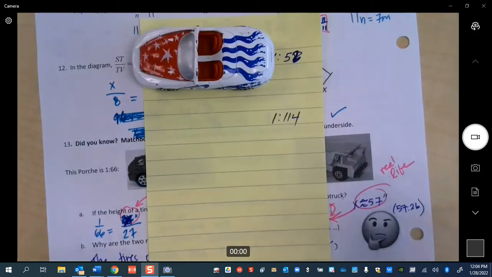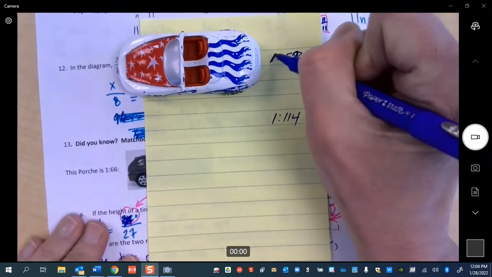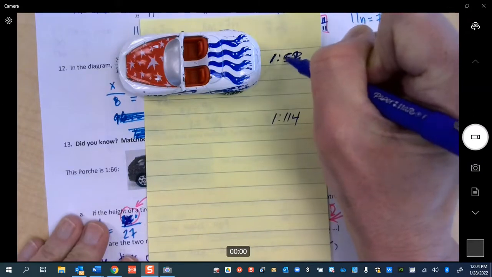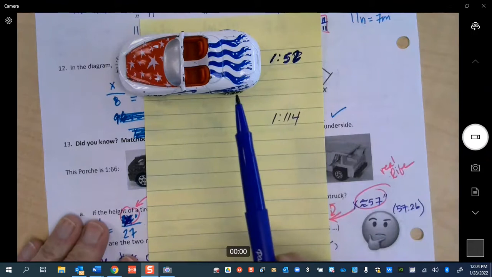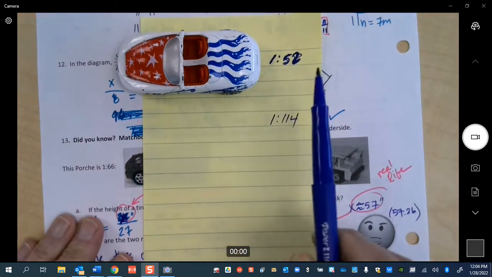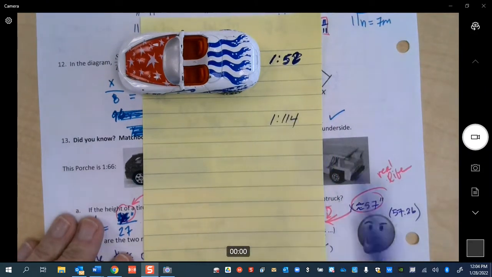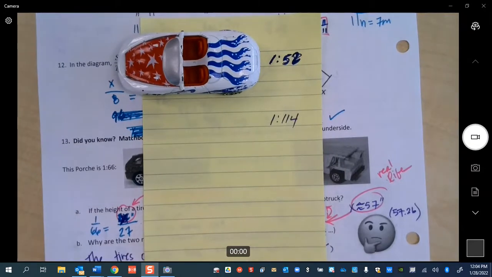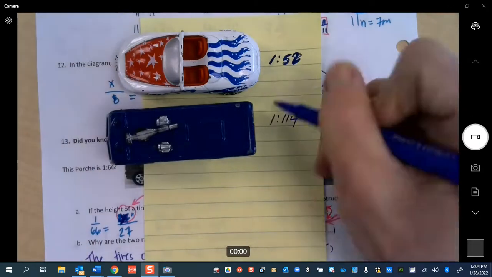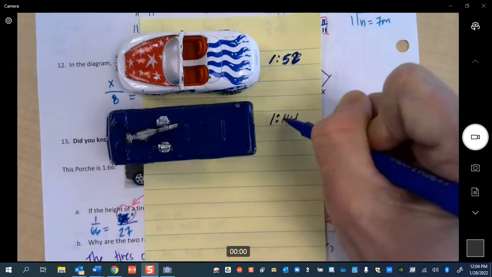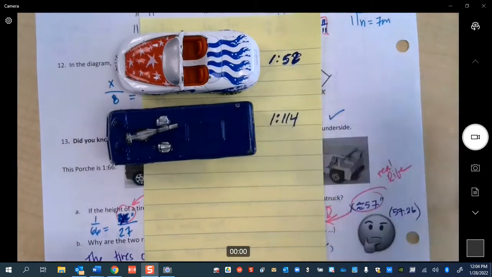So when I look at my two cars, this one has a ratio of 1 to 52. That means that for every 1 unit here, I need 52 units from this scale model to the real life model. This guy here, I think is the biggest one, and he has a ratio of 1 to 114.